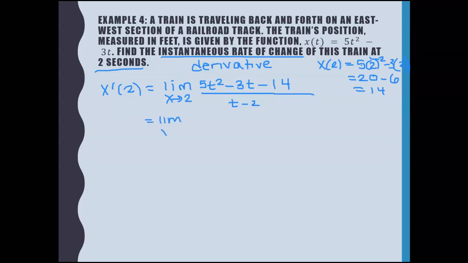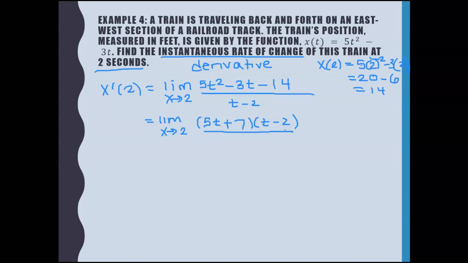Which gives the limit as t approaches 2 of 5t. We're hoping it's t minus 2 as a factor. So what I like to do is put in the t minus 2 and kind of work backwards to see if I can get that. So to get negative 14 from times negative 2, you need a positive 7. So 5t times t is 5t squared. 5t times negative 2 is negative 10.